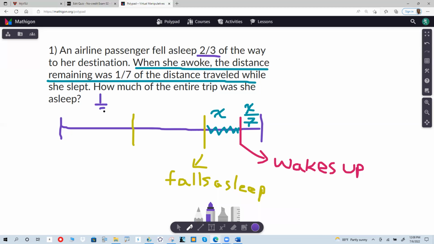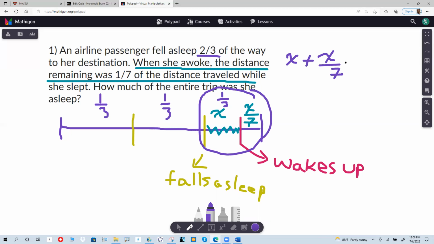This is 1/3. This is 1/3. This is 1/3. Okay. You're going to set up an equation, an easy equation. x plus x/7 is 1/3, and you solve for x and you're done. Okay, I can't solve for x yet.